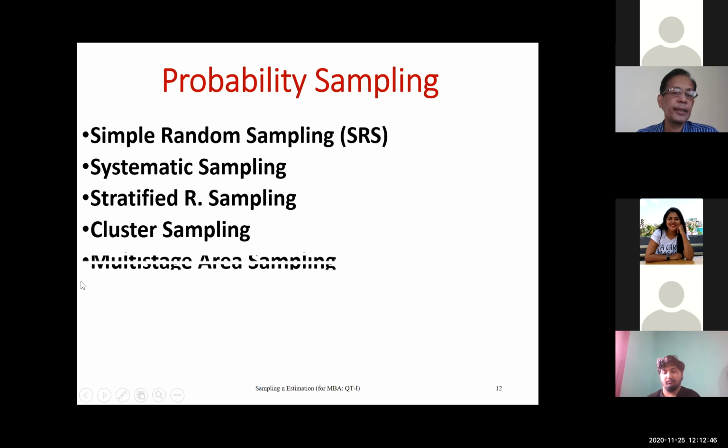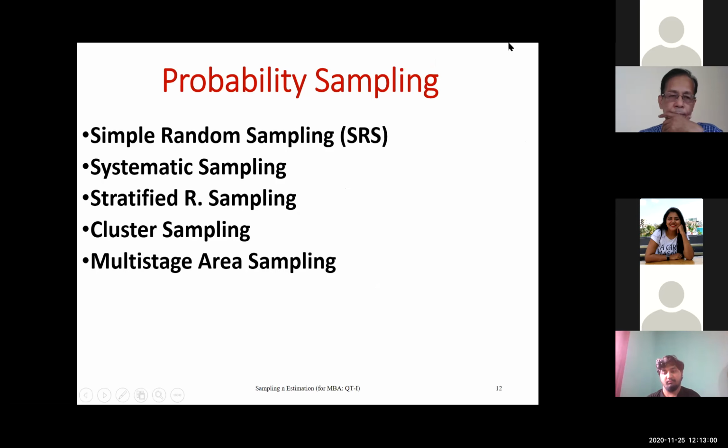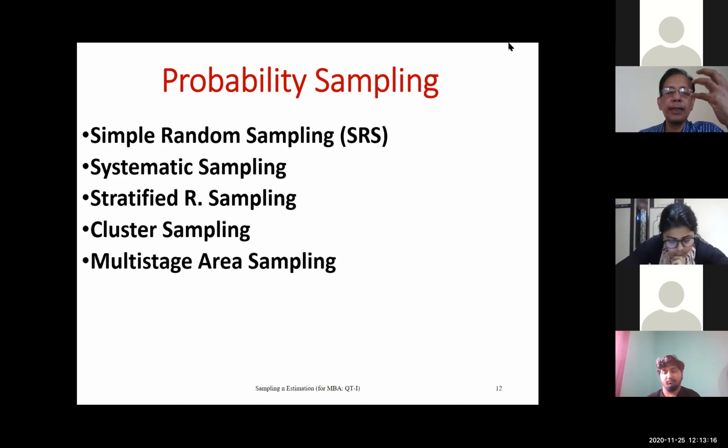Next, I guess the last one is called multi-stage area sampling or random sampling. Suppose we want to have a nationwide survey, and we don't have much fund or time. In that case, first, geographical wise, we'll be dividing it. If you want to know, say, the response of citizens on economic policy of government in different areas, we need not go to each and every district of the entire country.